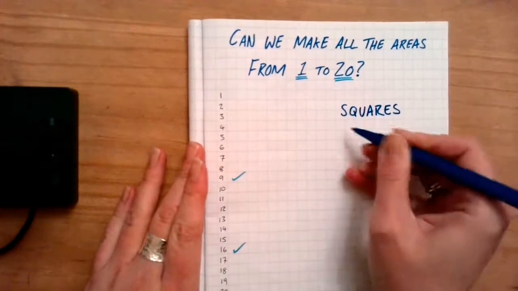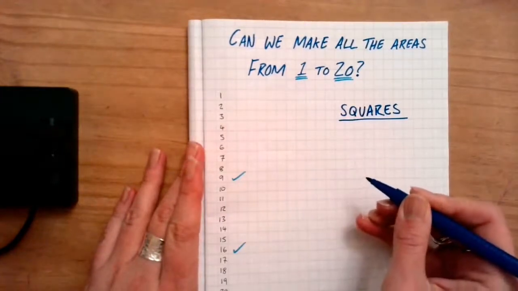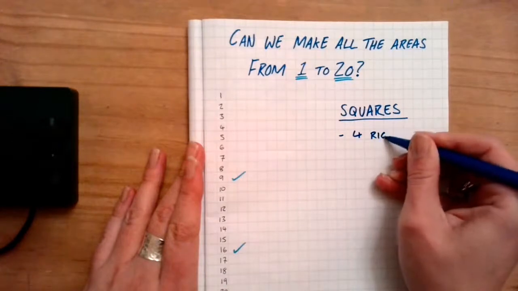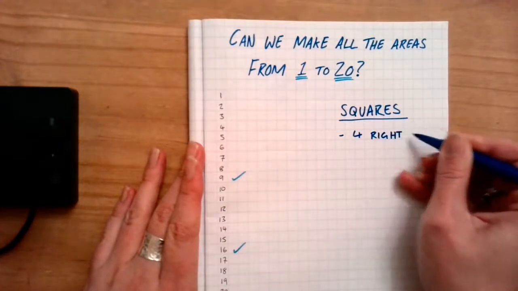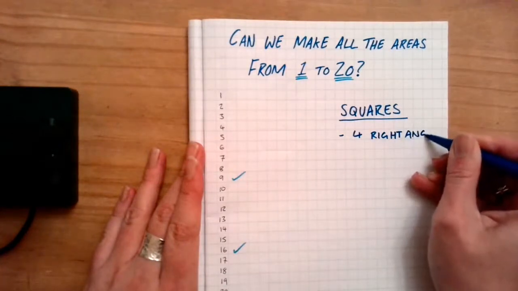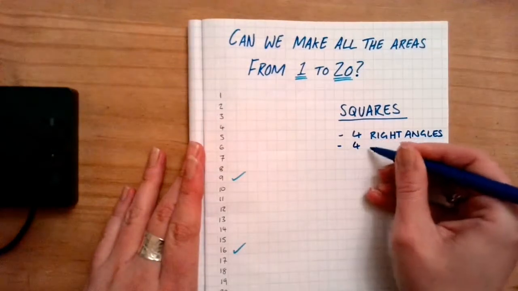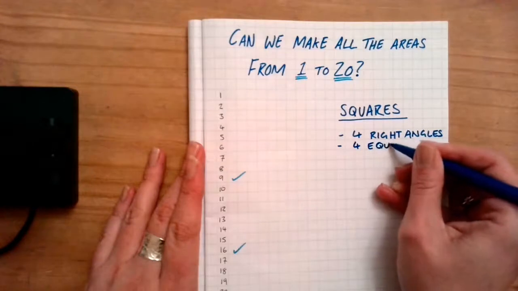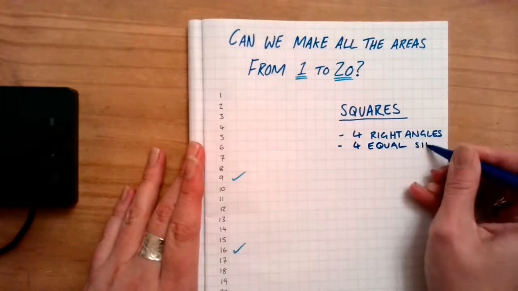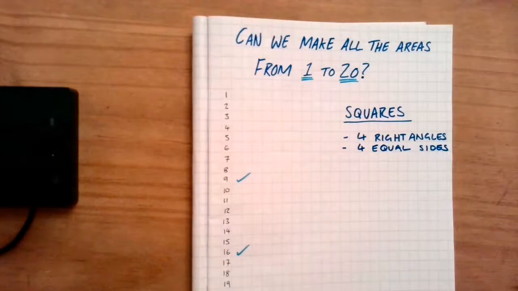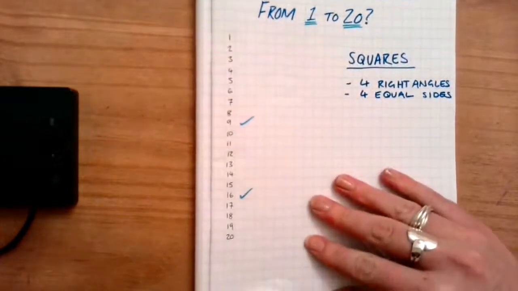A little reminder that for squares, we need to have 4 right angles, that's 90-degree angles, and 4 equal sides. But other than that, it's up to you. And I want you just to keep trying and see how many you can get.